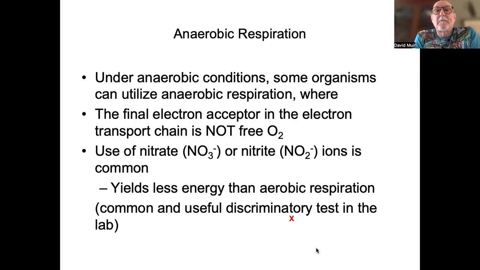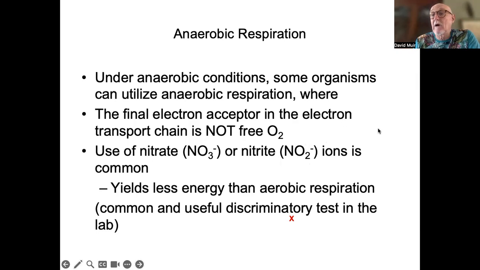So, for example, they very often utilize nitrate, or they can utilize nitrite even. And what are they doing? They're taking away an oxygen from there to use as a terminal electron acceptor, or they're taking away an oxygen from here to use as a terminal electron acceptor.